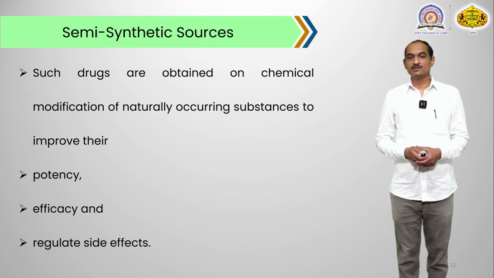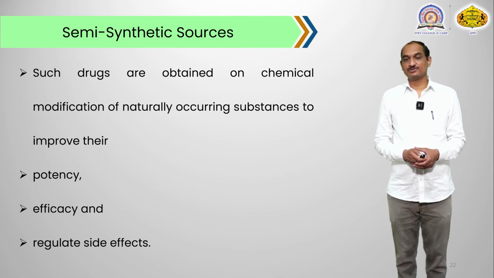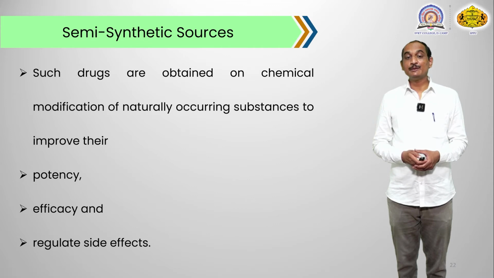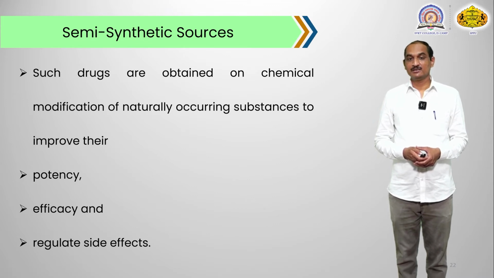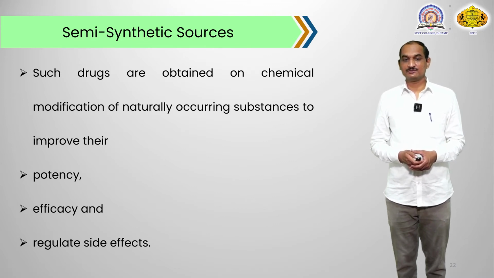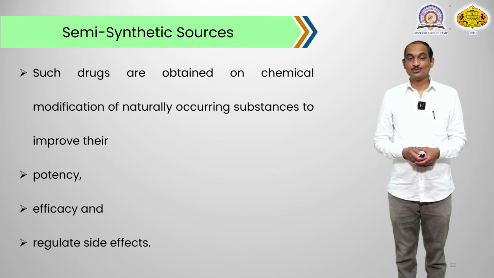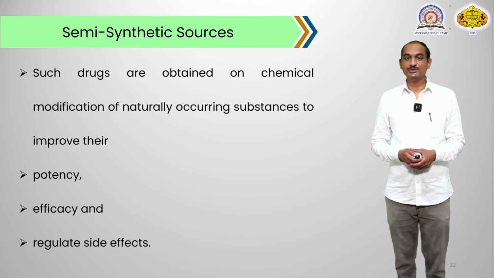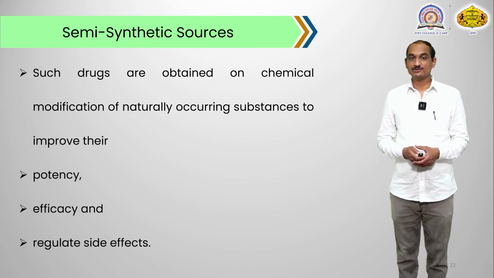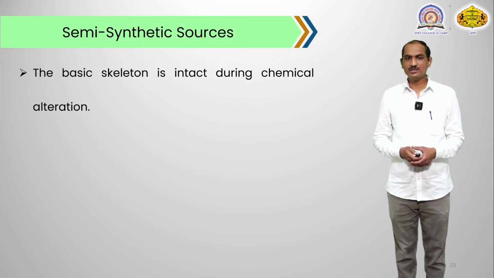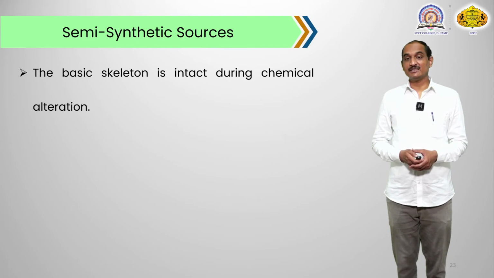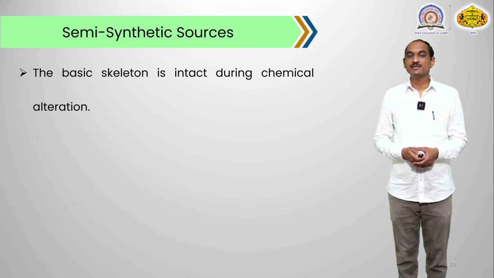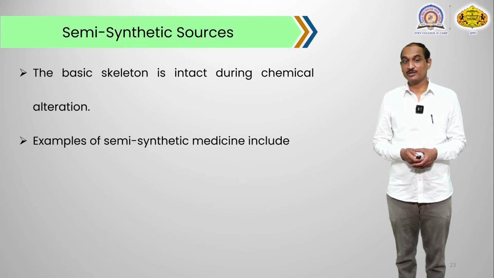Some naturally occurring compounds are taken into consideration and chemically improved in properties like potency, efficacy and side effects, and used as semisynthetic drugs. Also, the basic skeleton remains intact during the chemical alterations of those naturally occurring compounds.